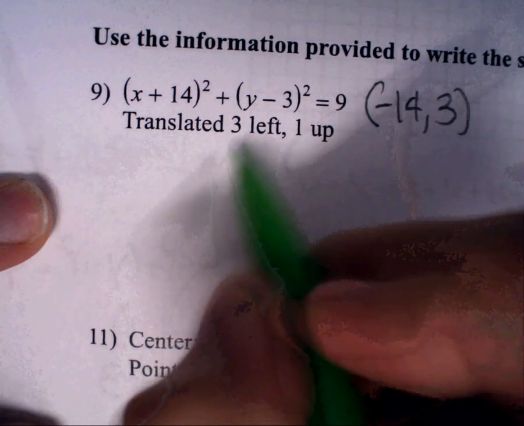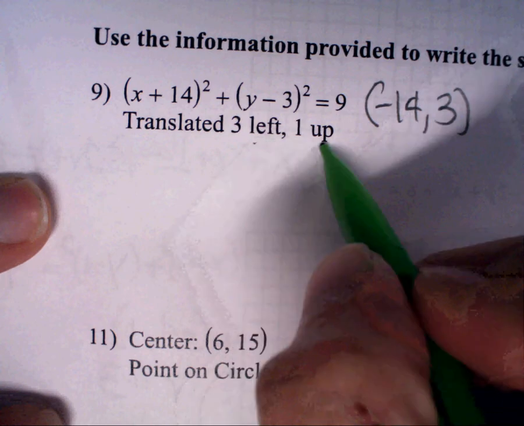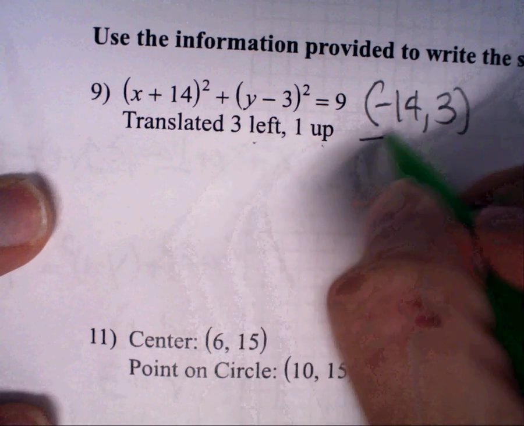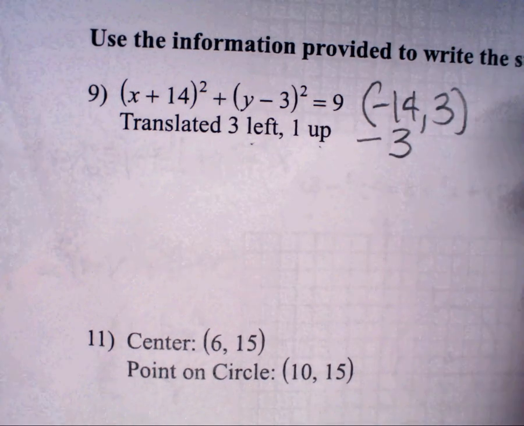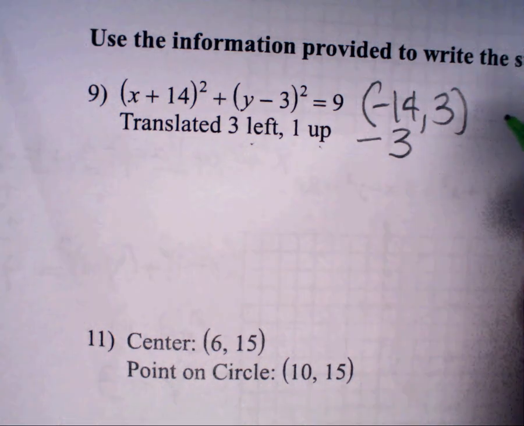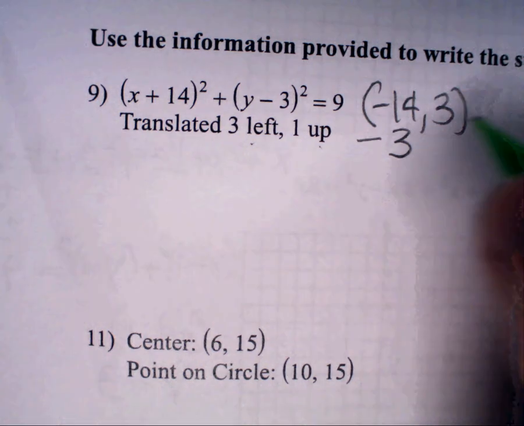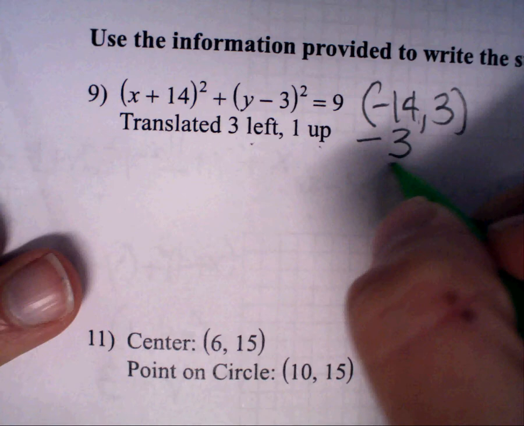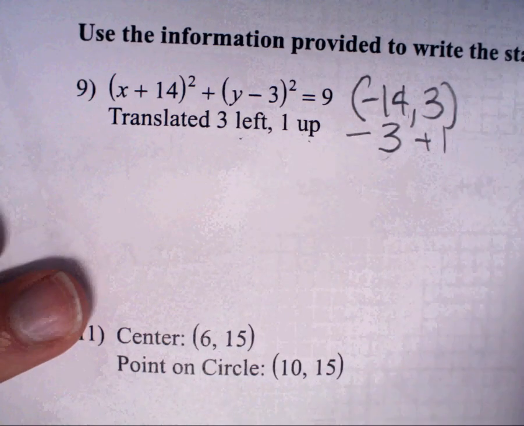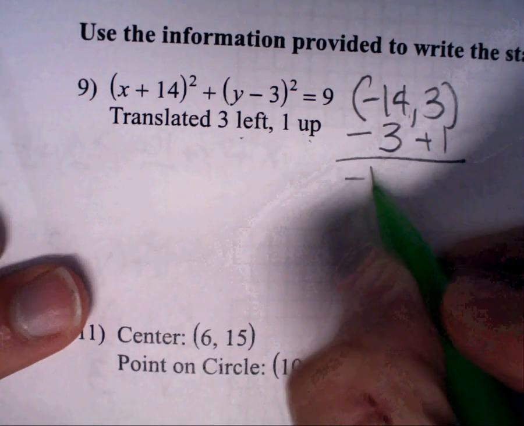So if I wanted to go left 3 and up 1, if it goes left 3, it would continue left, and so it gets smaller. And then up 1 would mean I add 1 to the y's. So then my new center is at negative 17, 4.